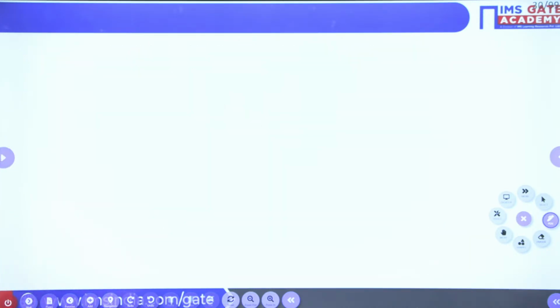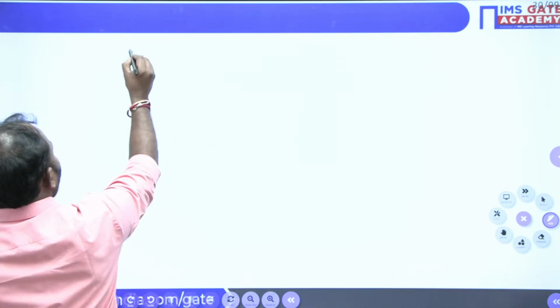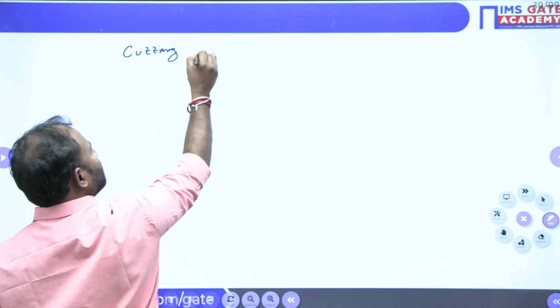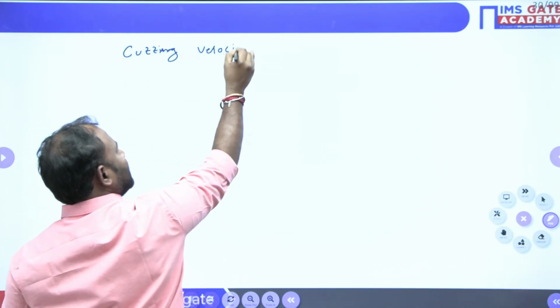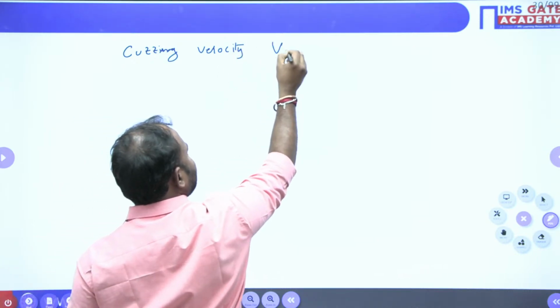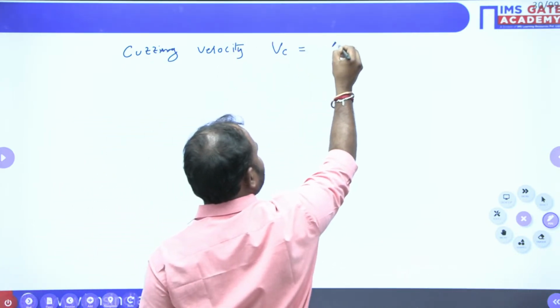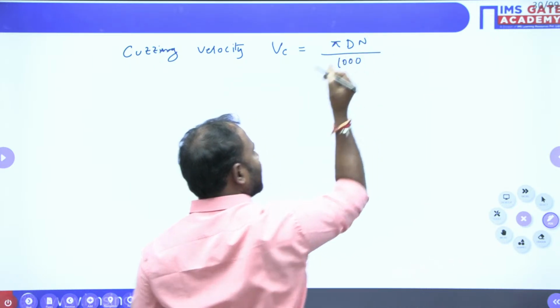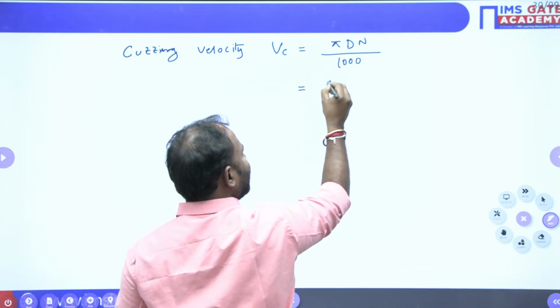Cutting velocity, or cutting speed, VC is equal to pi d n by 1000. Now pi into d.